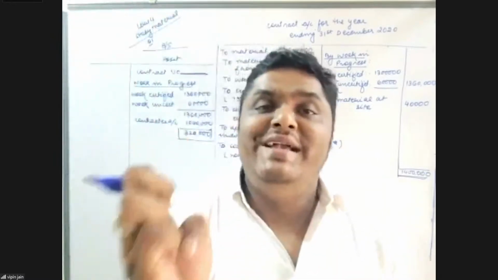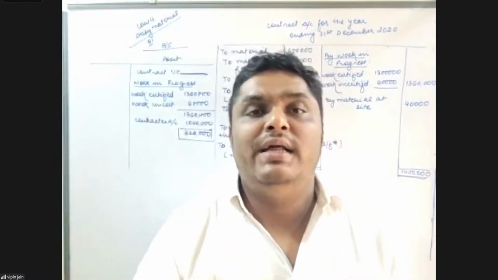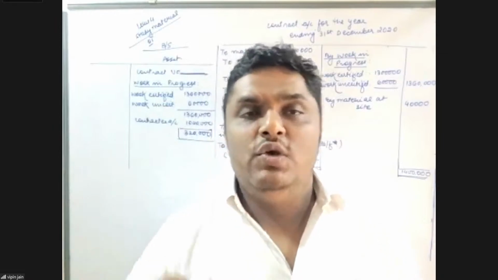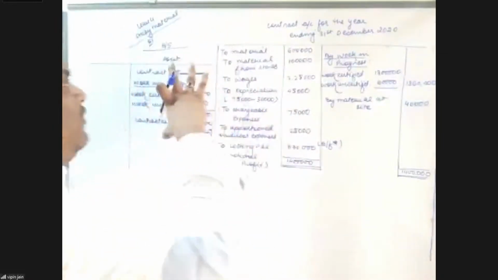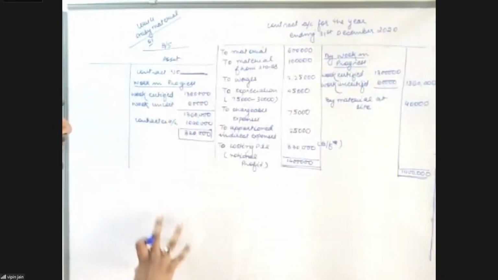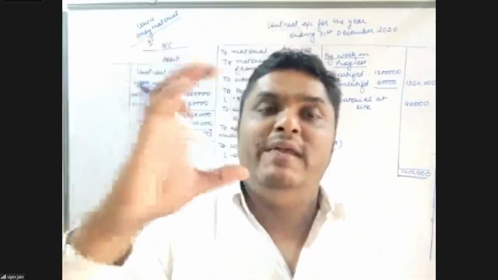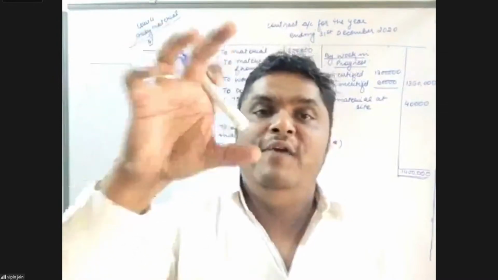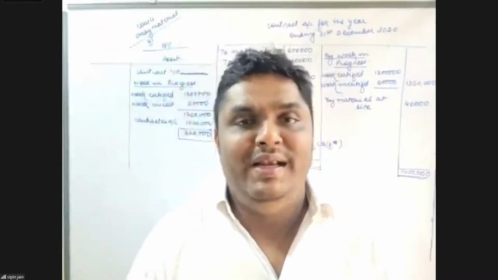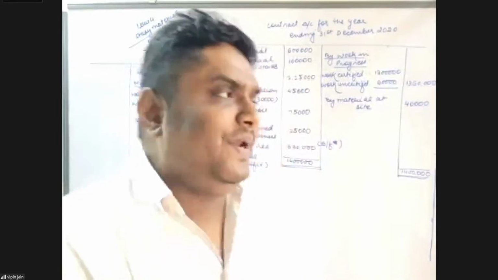How to present the details of a particular contract account in the balance sheet. If there are 10 contracts, then for contract number 1, 2, 3, up to 10, the data of every contract is to be shown separately in the balance sheet. So very simple, guys.